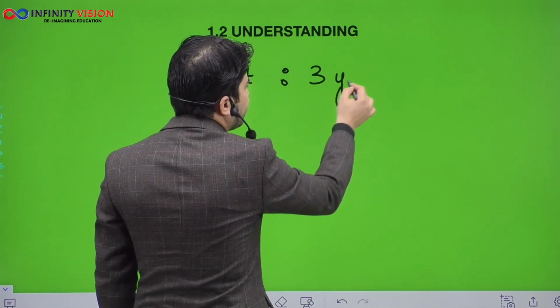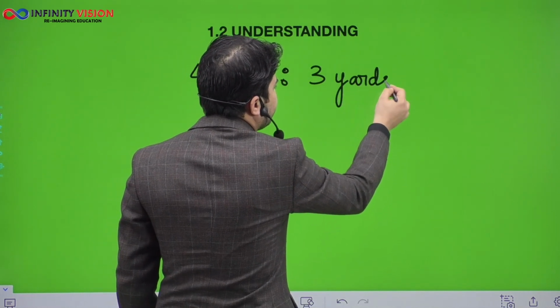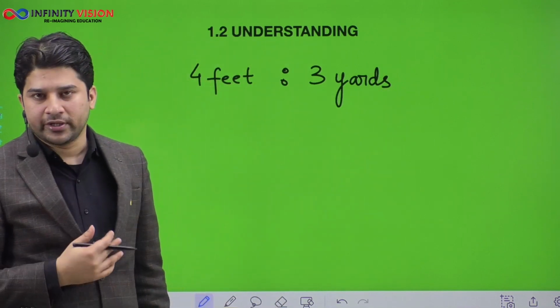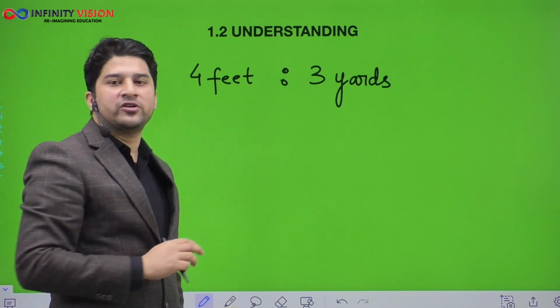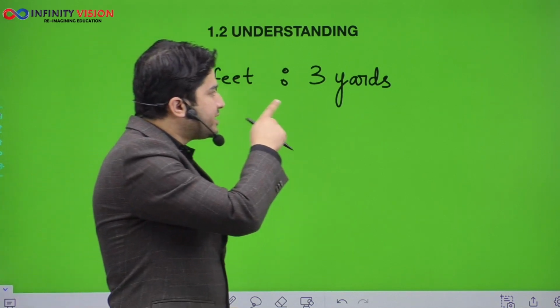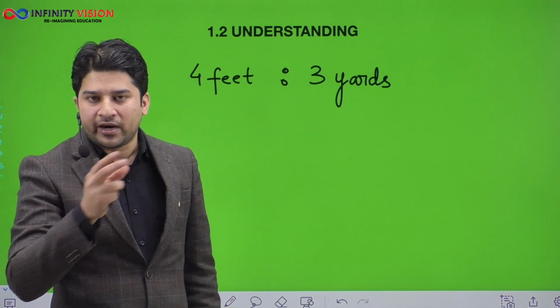Now you are expected to find the ratio between these two lengths because they are of the same quantity. You need to understand that the first length is given in the unit of feet and the second length is given in the unit of yards.